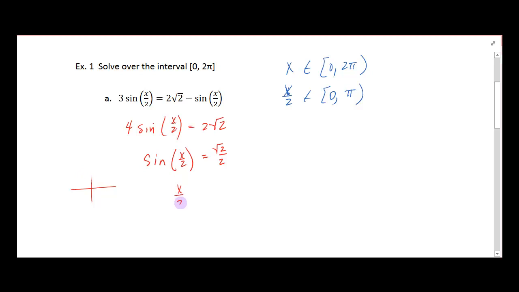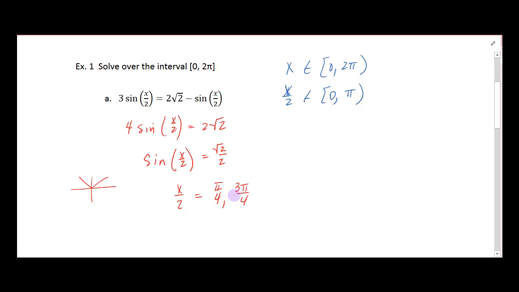So what angles are those? Those happen to be pi over 4 for the first quadrant and 3 pi over 4 in the second quadrant. Since we're solving this for the angle x over 2, I just brought down my x over 2, giving me these values right here.